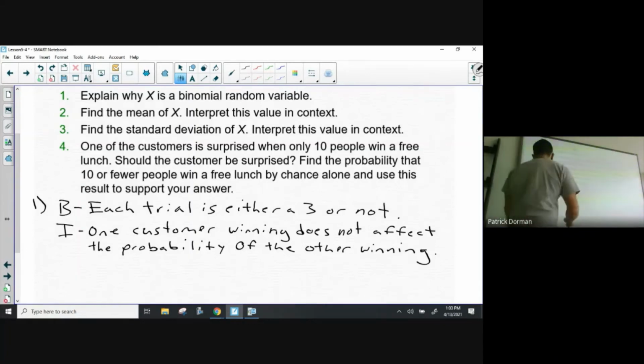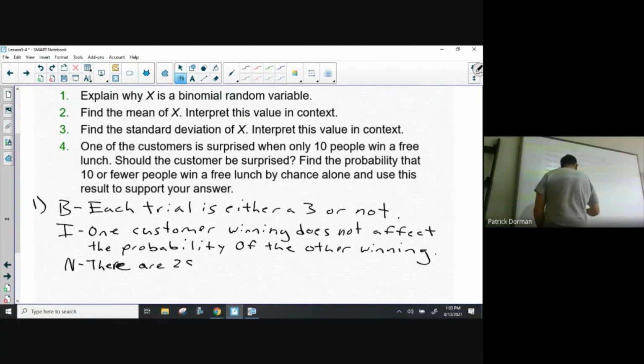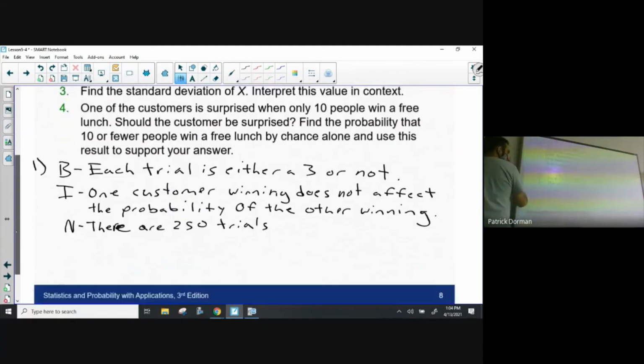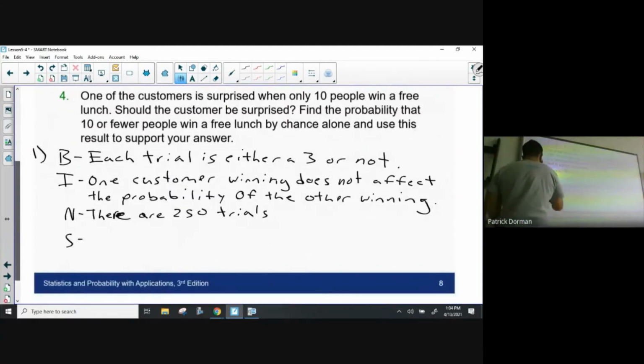All right, N, there are a fixed number of trials, right? And then S, the probability of success is the same for each trial.